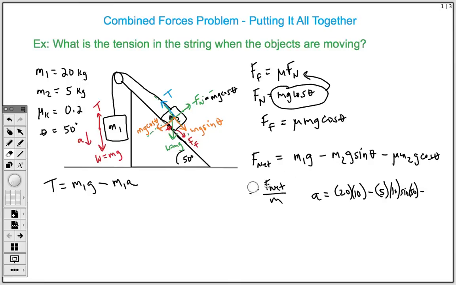We know that a is F net over m. So let me give myself enough room for this. I apologize for that.